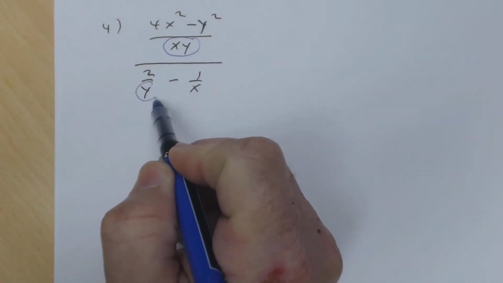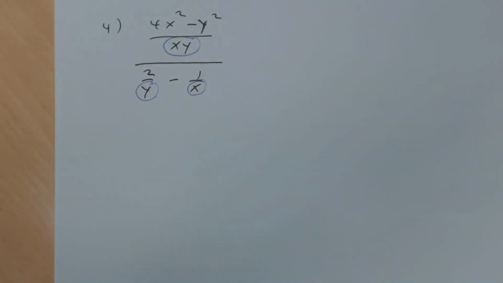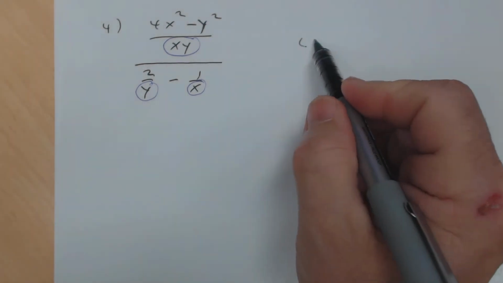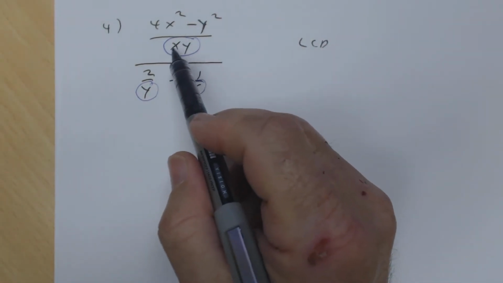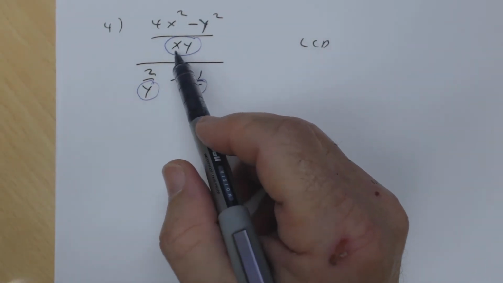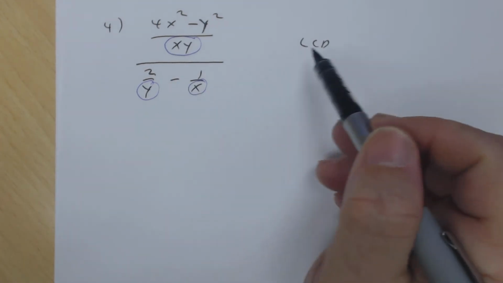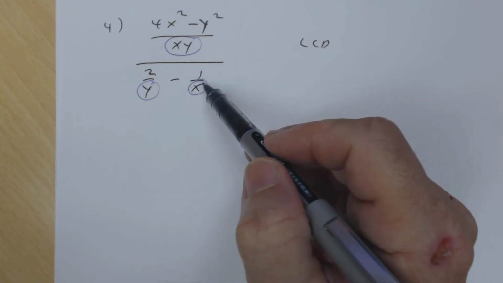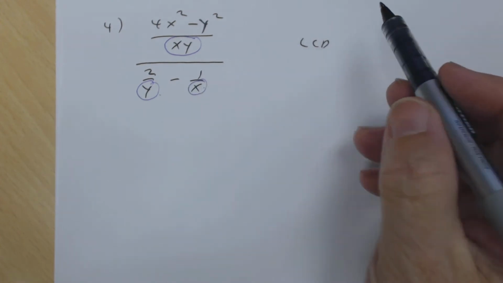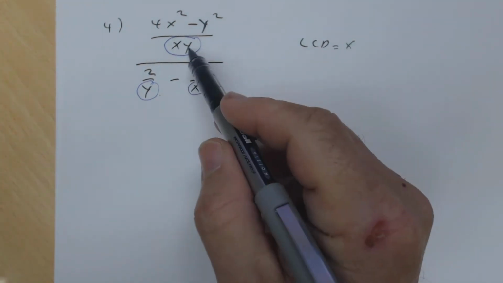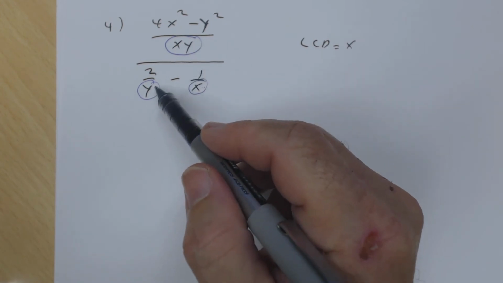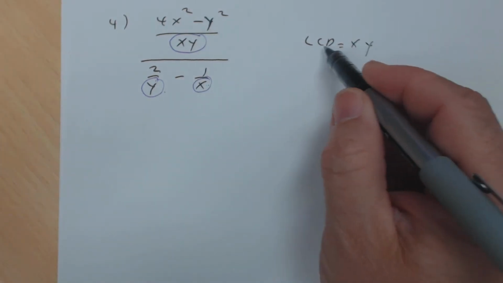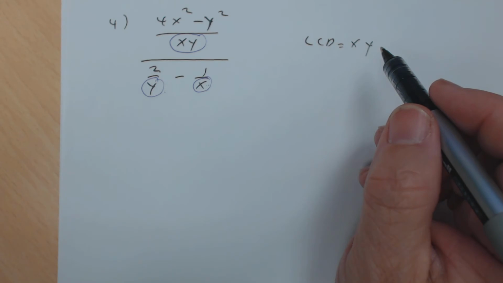This one, this one, this one. And all you do is just find the LCD. Remember every factor you circle has to be part of the LCD. So I got to have an x. There's one factor here, none here. So I need one. There's a factor y here, one factor here, one here, none here. I need one. So the LCD is xy.